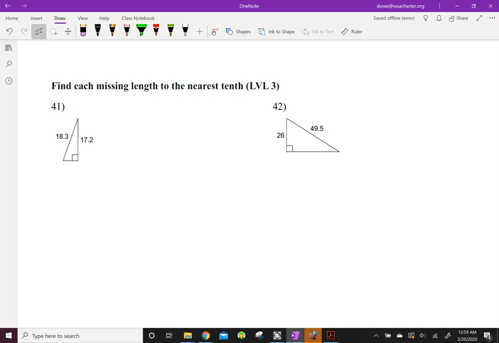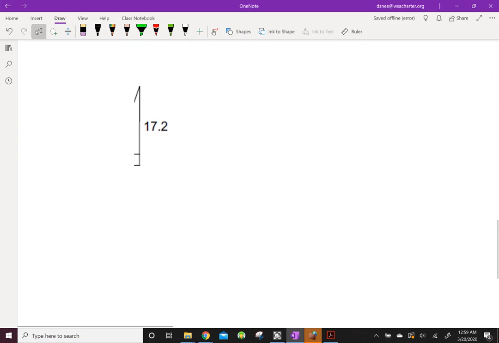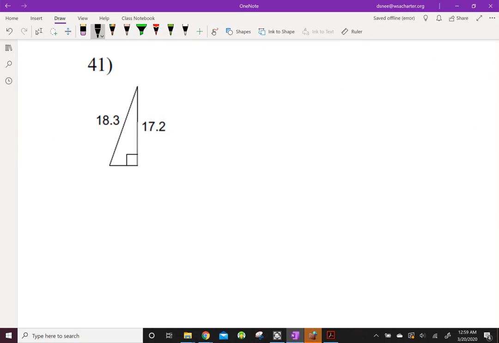So the only difference here is now we're working with some decimals, which, we've got calculators. It's no big deal. And even if we didn't, it wouldn't be a big deal. It'd just take a lot more time.